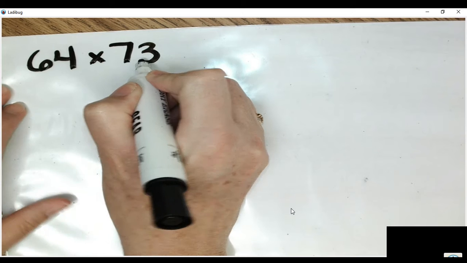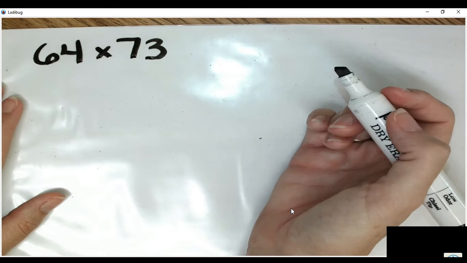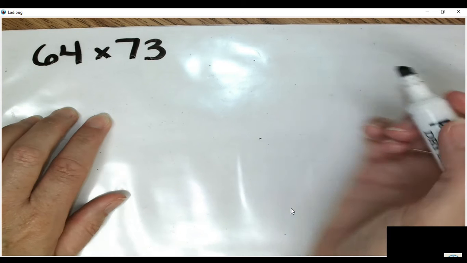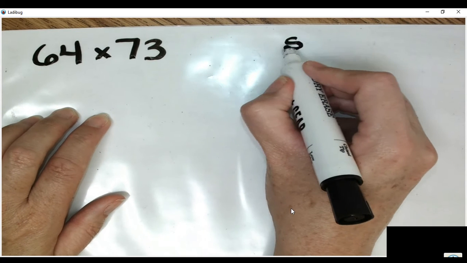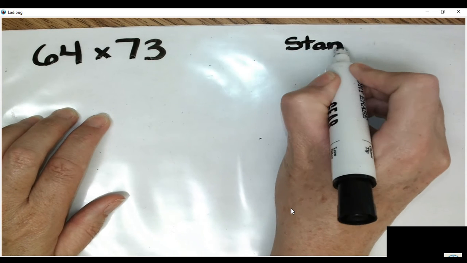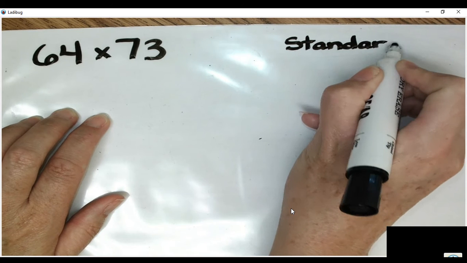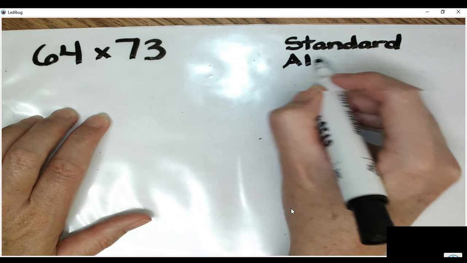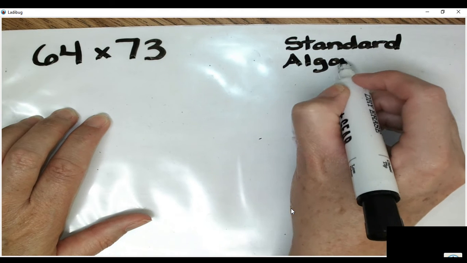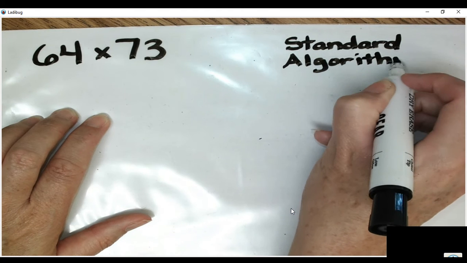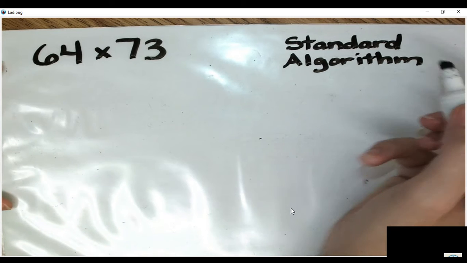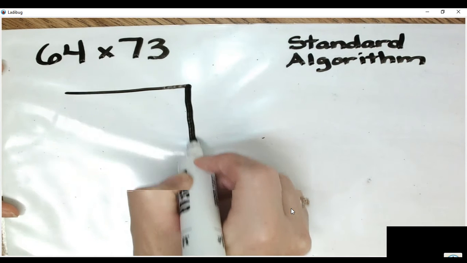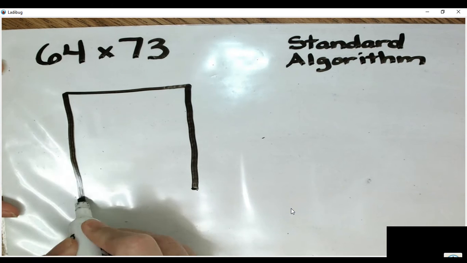I am going to multiply 64 times 73 using the area model here and then the standard algorithm here. And remember, in 5th grade, we're going to move towards that algorithm. So let's go ahead and draw our area model, our rectangle.